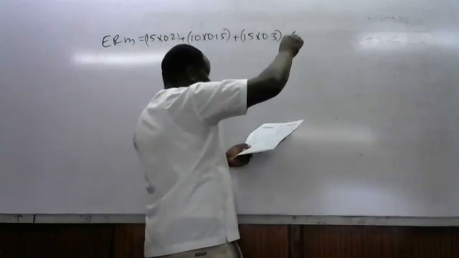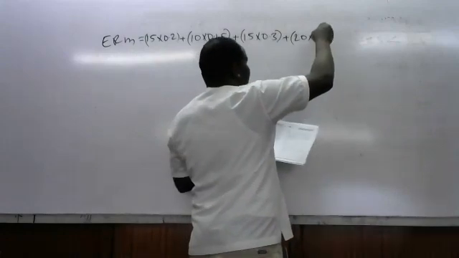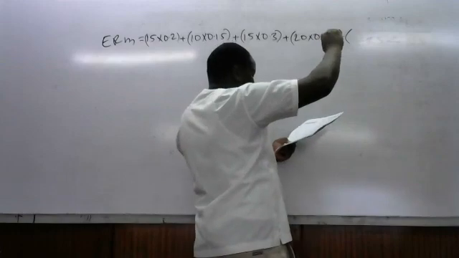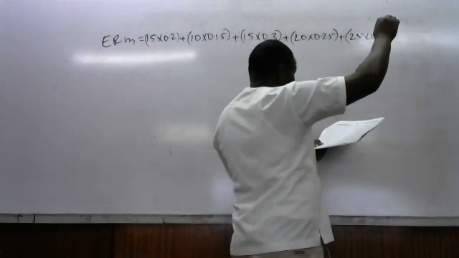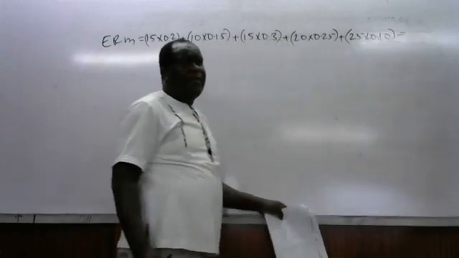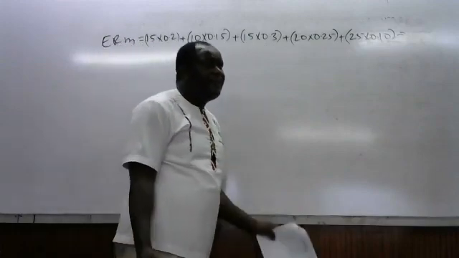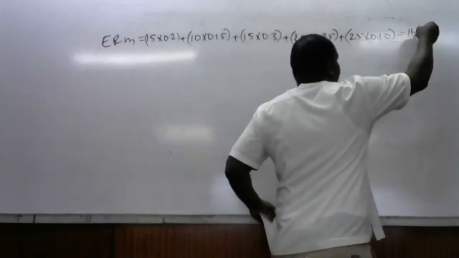The next one, 20 multiplied by 0.25. The next one, 25 multiplied by 0.10. That figure, I suspect we had already calculated. It was 16.5. We have already computed.